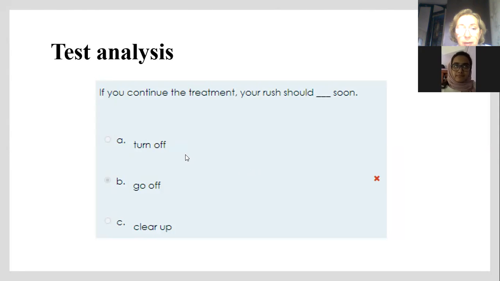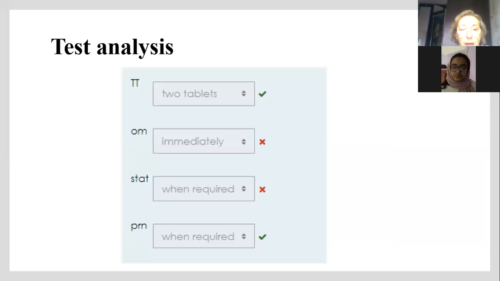The next is, if you continue the treatment, your rash should, what will happen to it? Clear up. Yes. So we discussed the meaning of this phrasal verb in our class. The rash should clear up. Yes, and the final task here is connected with the meaning of abbreviations.